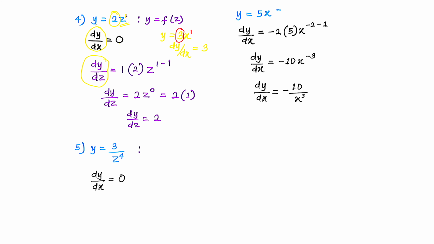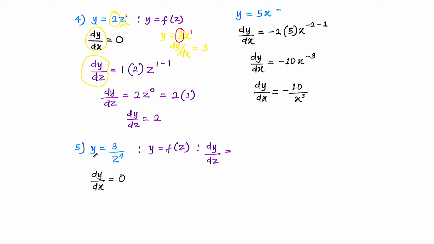However, since the equation is a function of z, we take the derivative of y with respect to z. Now we can see that taking the derivative of this y function with respect to z, this z is at the denominator.